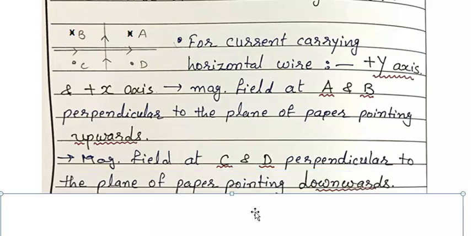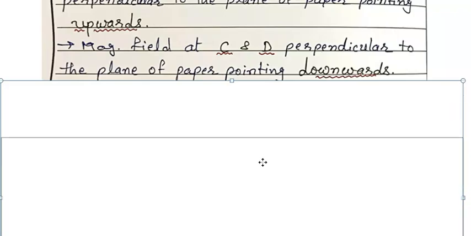So magnetic field at C is perpendicular to the plane of paper pointing downwards.